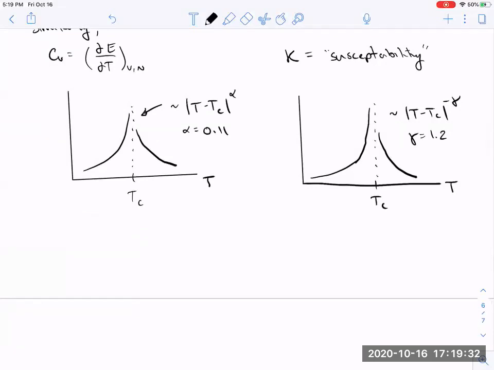So the susceptibility is how the order parameter, let's not use kappa, let's use some chi function. So just for completeness, chi is how the order parameter, like the density or the composition or the magnetization, changes with its conjugate field.